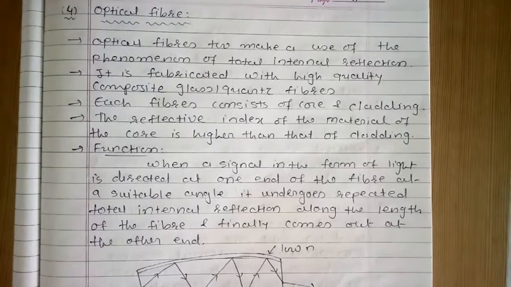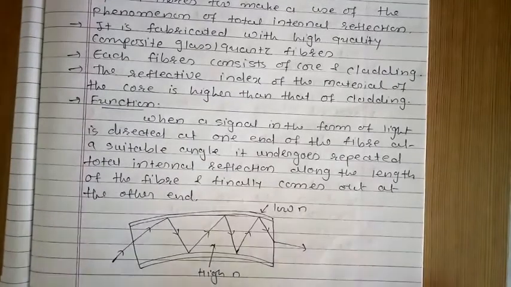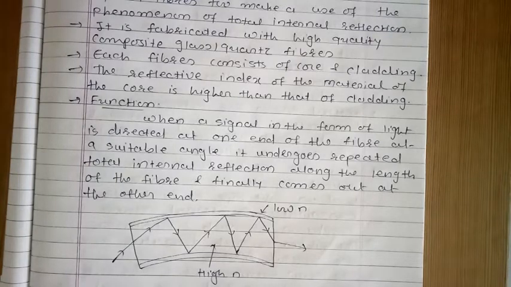You have to remember this thing, that the refractive index of the core is higher than the cladding. Once again I repeat, optical fiber makes use of the phenomenon of total internal reflection. It is made with glass or quartz.